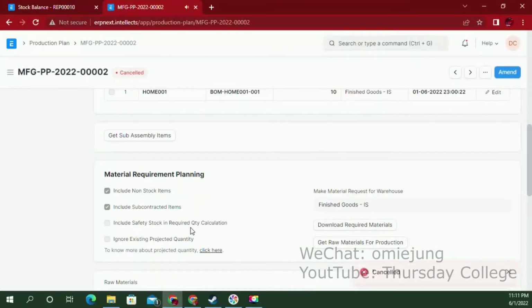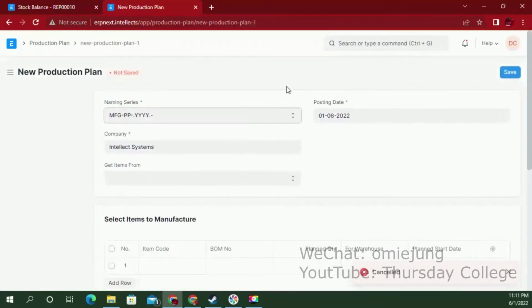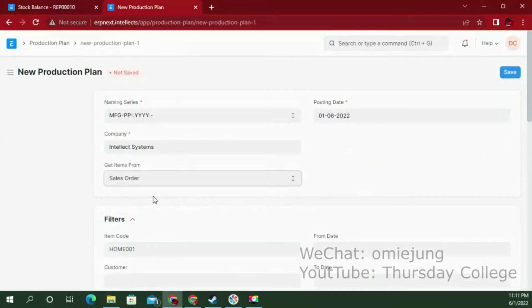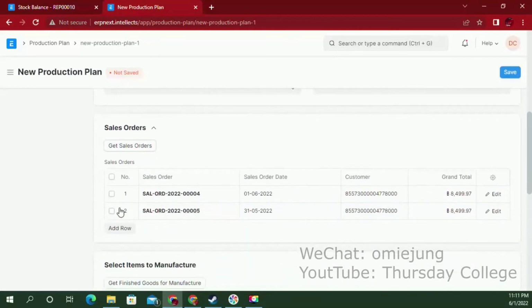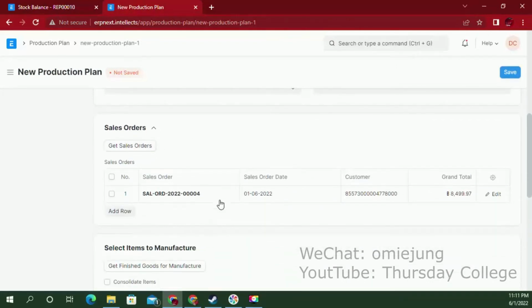Here we are. And then you follow the steps: you create the new production plan from the sales order, and use the same sales order, yeah, number 4 in here.